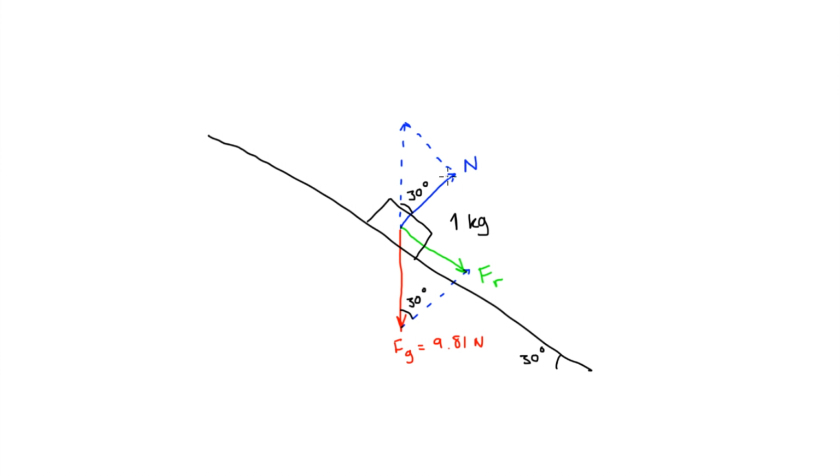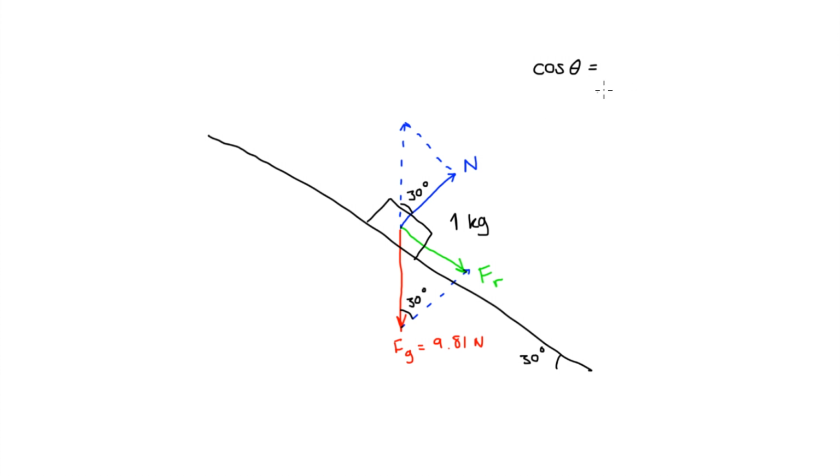Well, if we know what FG is, then we know what the hypotenuse of this is, and we're trying to find out what the adjacent side to this angle is. So going back to some trigonometry, we know that the cosine of an angle is equal to the adjacent side over its hypotenuse.